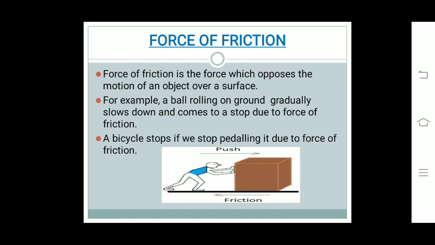But if an unbalanced force is applied on the object, there will be a change either in its speed or in the direction of its motion. Thus, to accelerate the motion of an object, an unbalanced force is required.